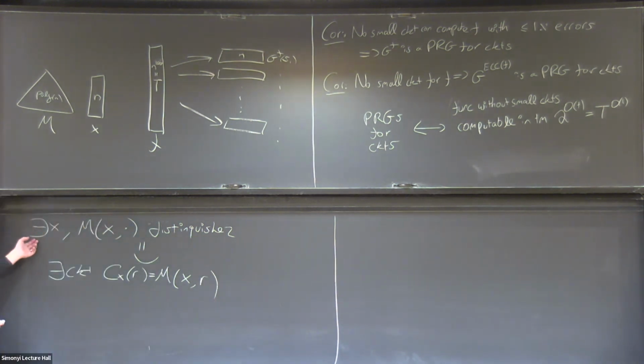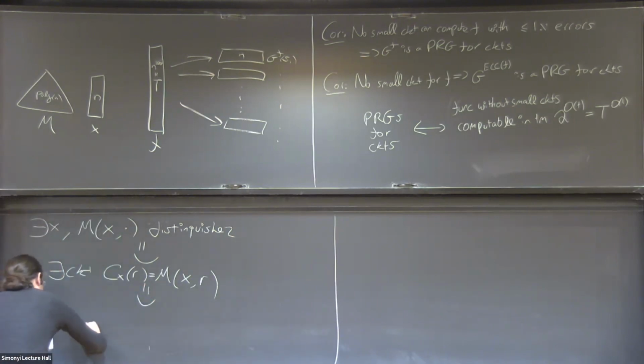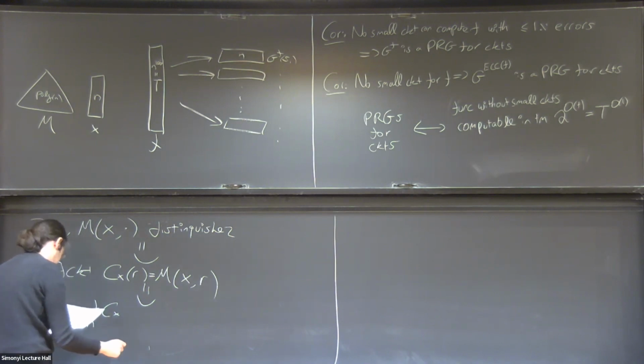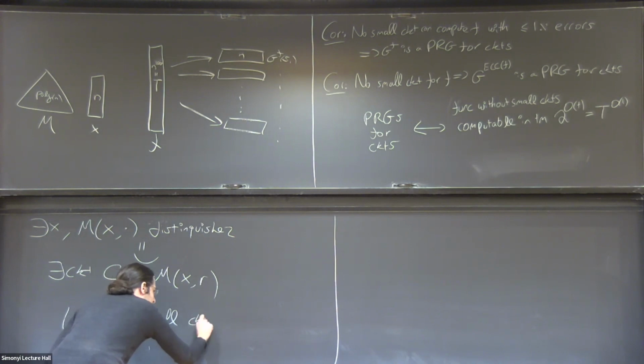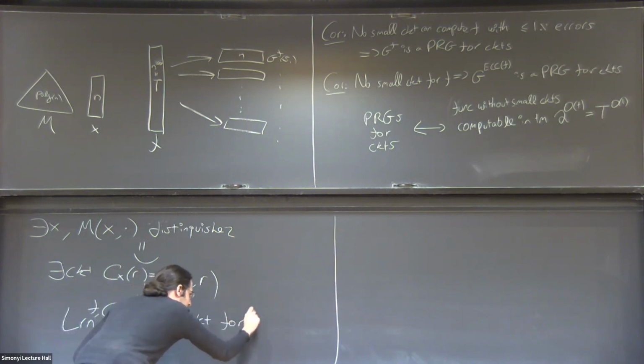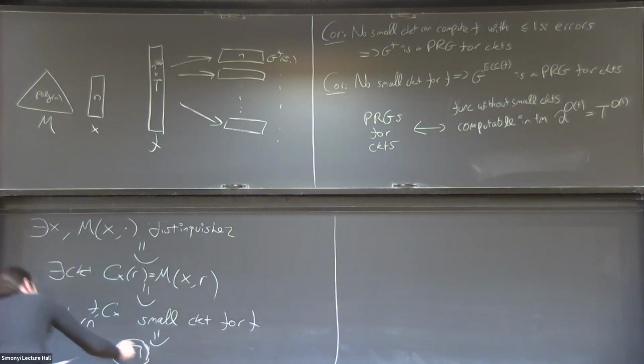So if there exists an input such that M is able to distinguish, then there exists a circuit that is able to distinguish. Meaning that the learning algorithm, when given f and this distinguisher C sub x, produces a small circuit for f, which is a contradiction. This cannot be. So we just said f does not have small circuits.